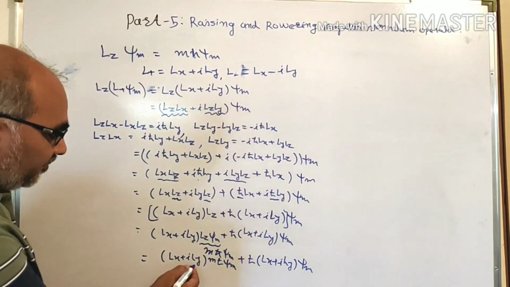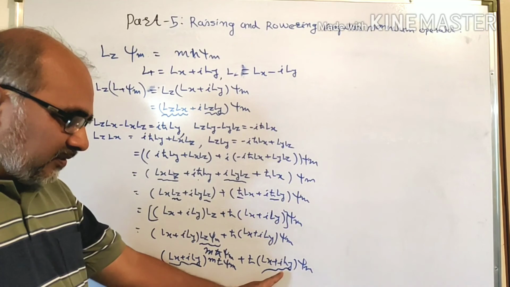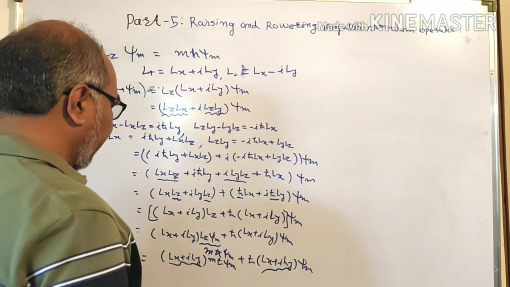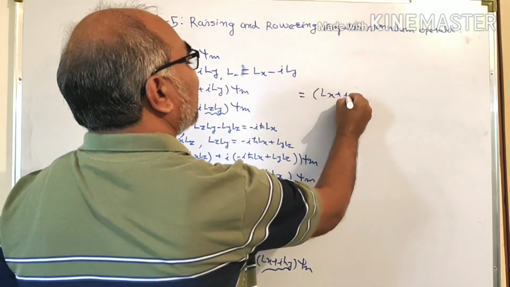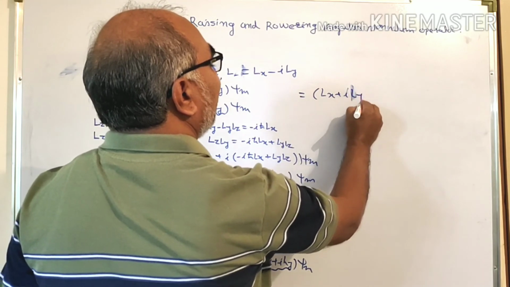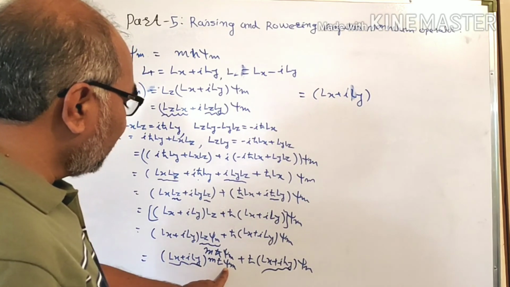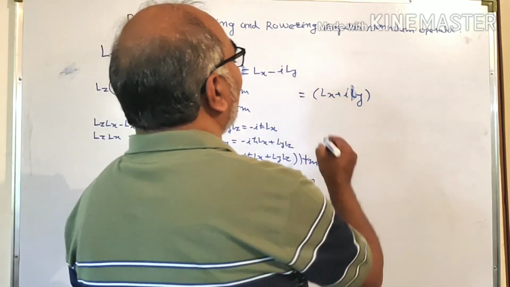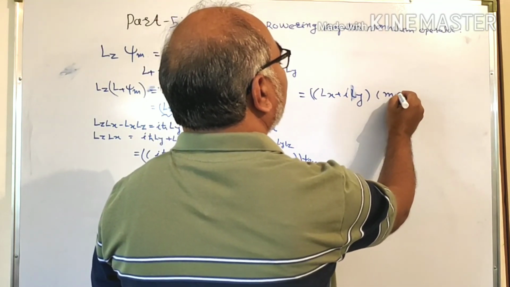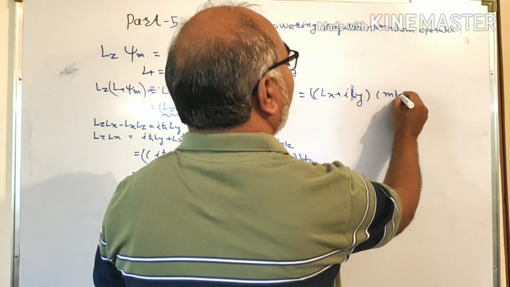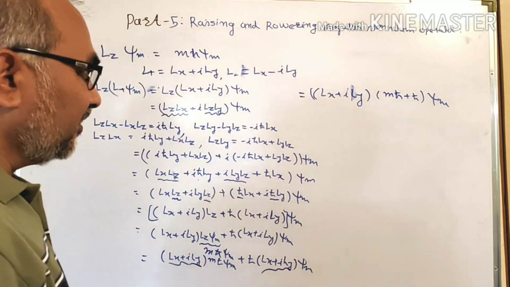Now see what happens here. We take Lx plus iLy as common, and mħ psi and ħ psi remain. Taking ħ psi as common, this becomes into bracket (mħ plus ħ) psi m.